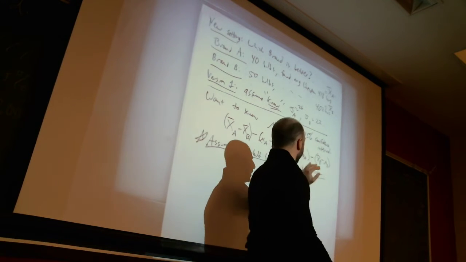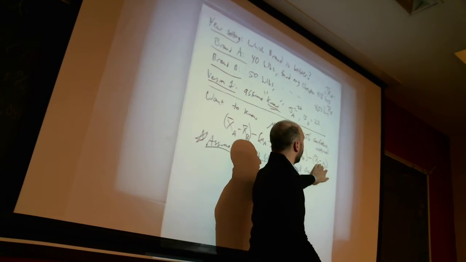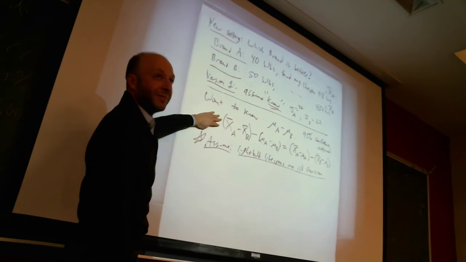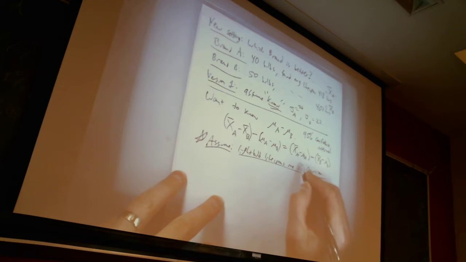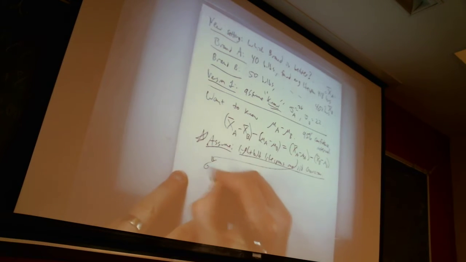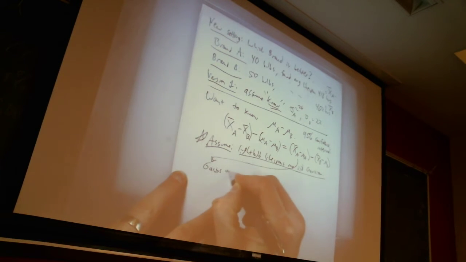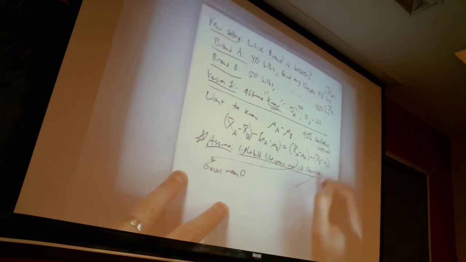Gaussian. So the sum of two independent Gaussians is Gaussian. This whole variable is Gaussian. Okay? So let's say that again. This is Gaussian mean 0. This is also Gaussian mean 0, which implies that this whole thing is also Gaussian mean 0.